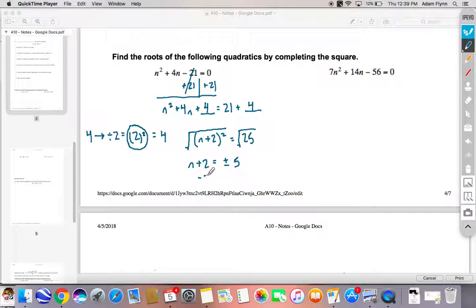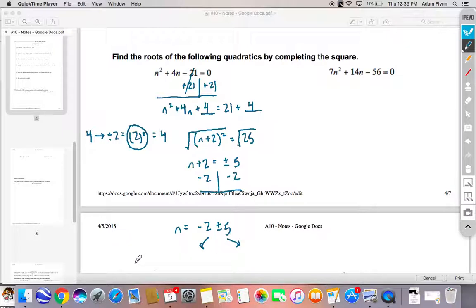So if we subtract 2 from both sides, we are left with n equals negative 2 plus or minus 5. So now at this point, negative 2 plus or minus 5, we can split it up into two different situations.